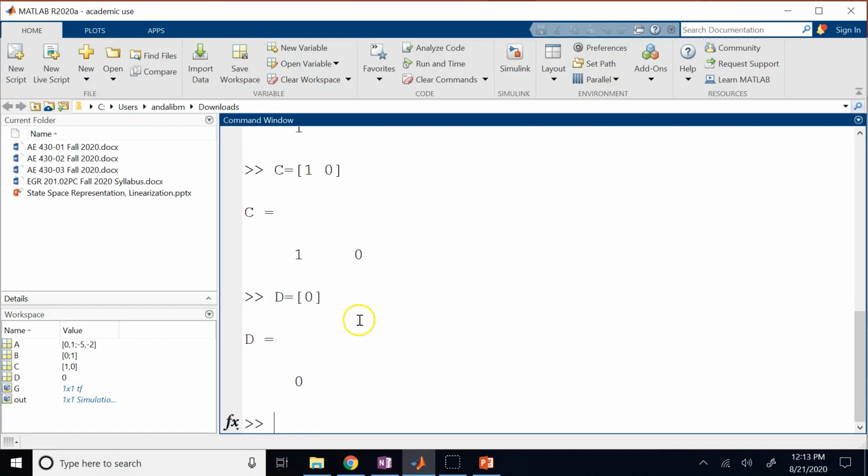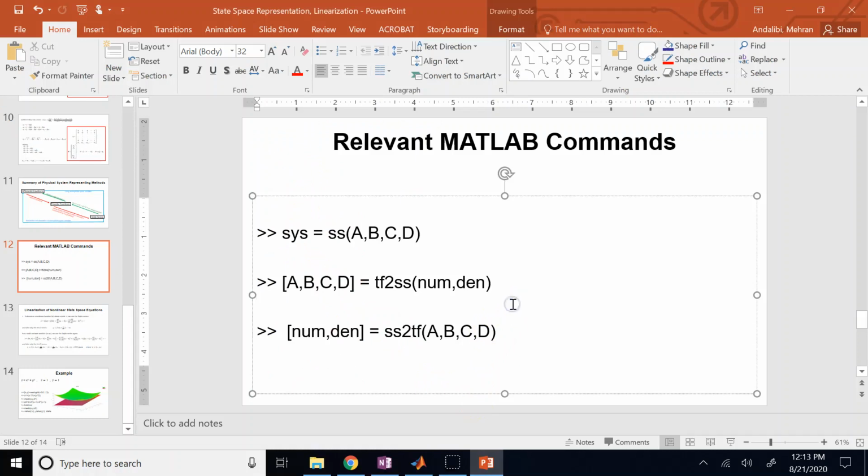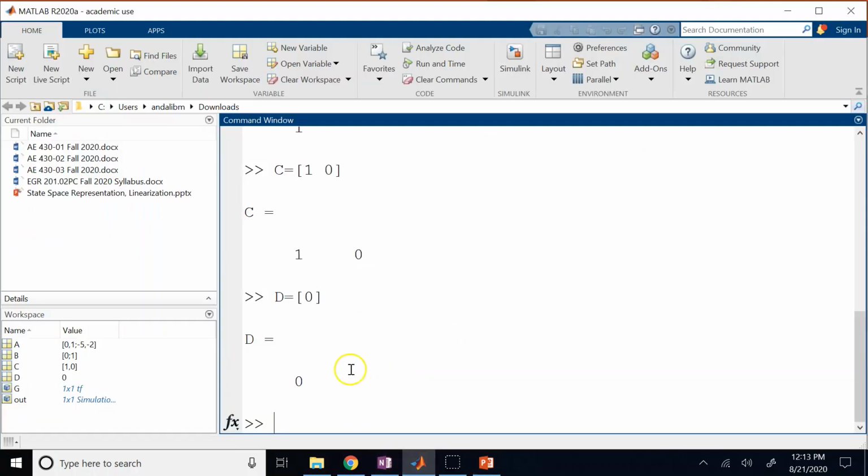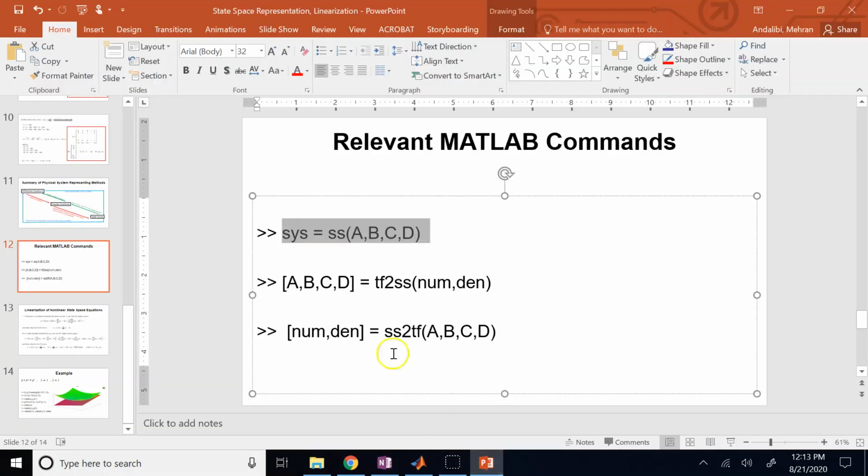Now, can I use these A, B, C, D matrices to create a system, the same system that I showed with this transfer function, equivalent to that but using these matrices instead of numerator and denominator?